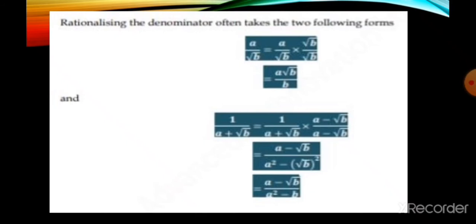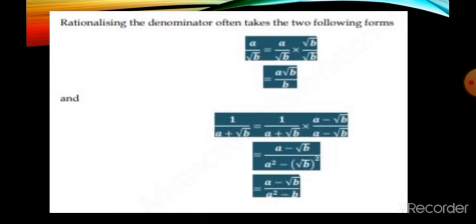multiplying 1, which is the numerator, and a minus root b multiplying a plus root b, which is the denominator. When you carry out the simplification process, for the numerator you have 1 multiplying a minus root b, and that is a minus root b, all over a plus root b multiplying a minus root b.